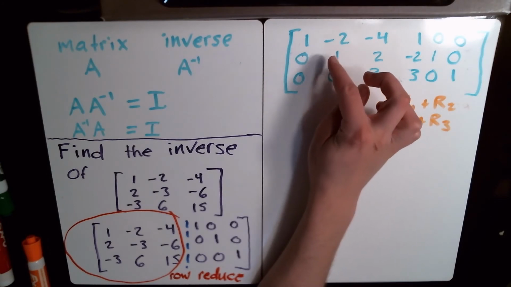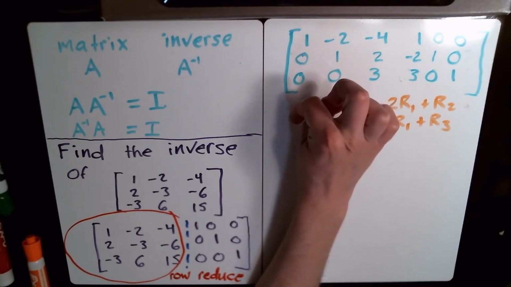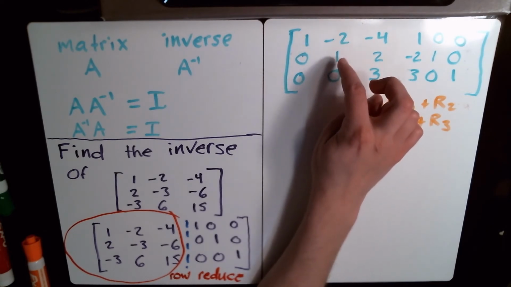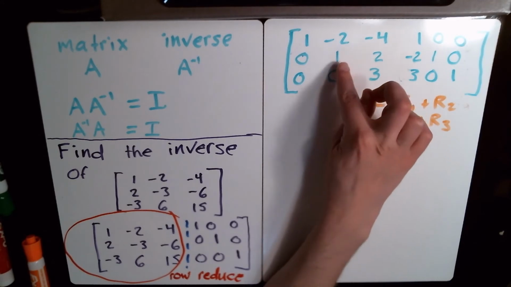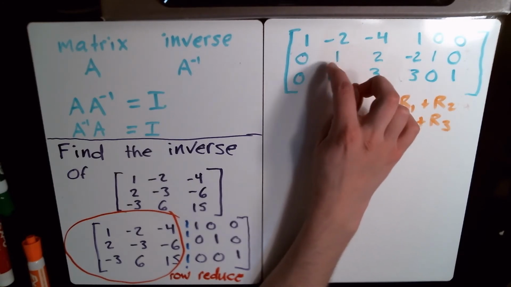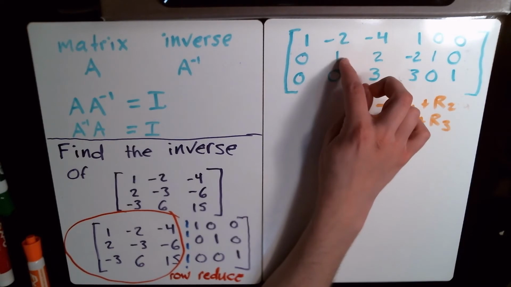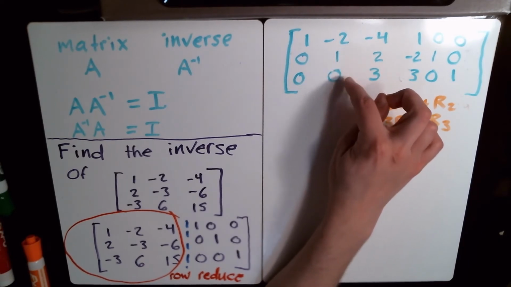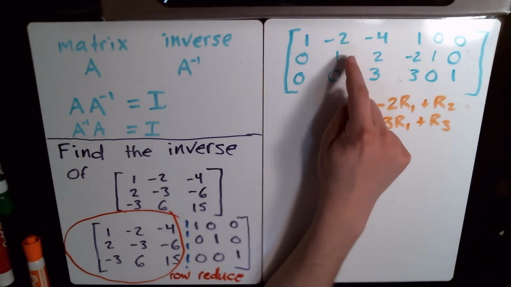We've already got a 1 here and 0s below it. Notice I also have a 1 here now, which is good. That would be my next step if I was row reducing this and there wasn't a 1. I would make that a 1 and then use that to get rid of what's below. But it's already gone. So we're okay there. This is all taken care of.